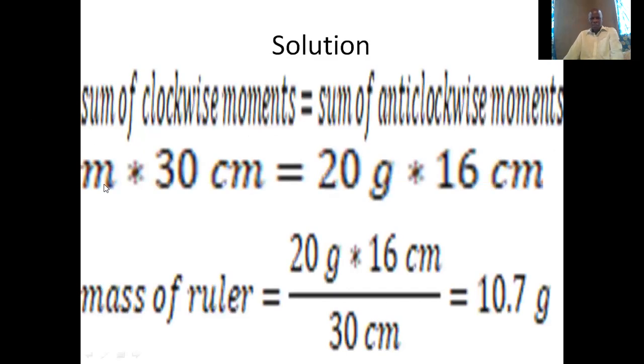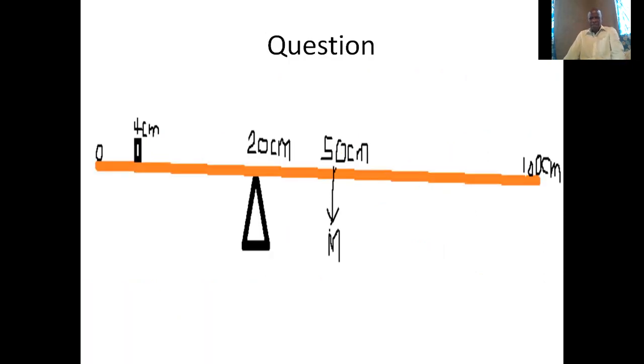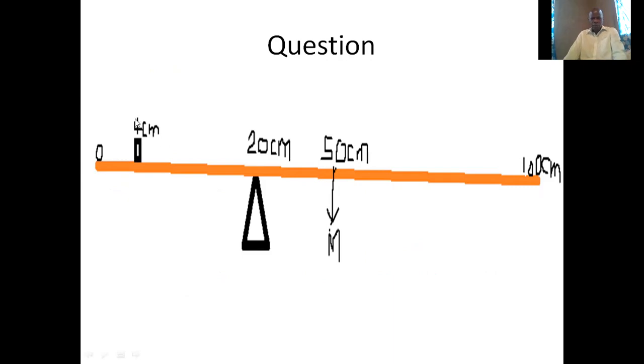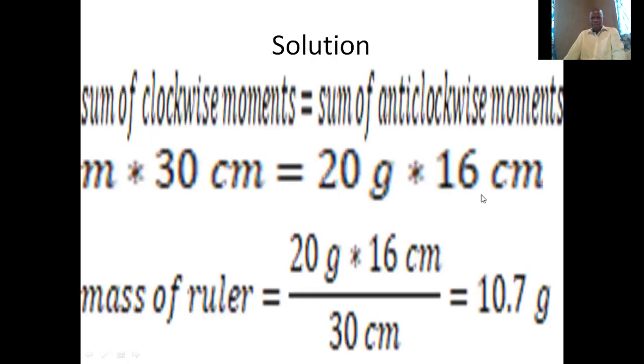M is the mass of the ruler, and the distance from where it acts to the pivot, since the pivot is at 20 centimeters, is 30 centimeters. This is the clockwise moment, which should be equal to the anti-clockwise moment of the mass placed on the ruler at the 4 centimeter mark, which is 20 grams multiplied by the distance to the pivot, which is 16 centimeters.